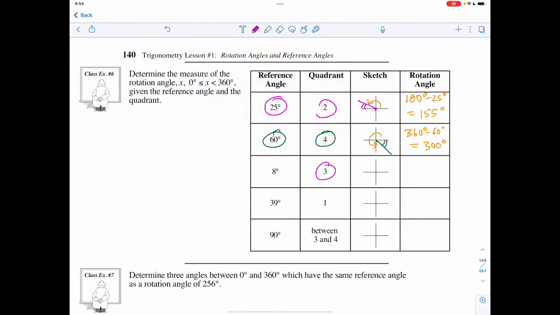If I'm in quadrant 3 and the reference angle is 8 degrees, then my rotation angle is going to be 8 degrees more than that straight line, or 180, 188 degrees.